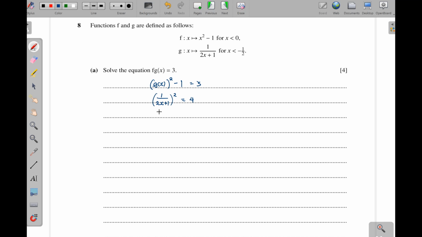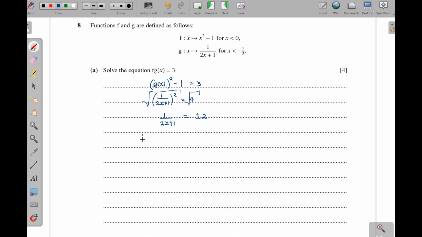Then we take the square roots on both sides. When I take the square roots on both sides, of course this one will go, then we shall have 1 out of 2x plus 1 equal to plus or minus 2.